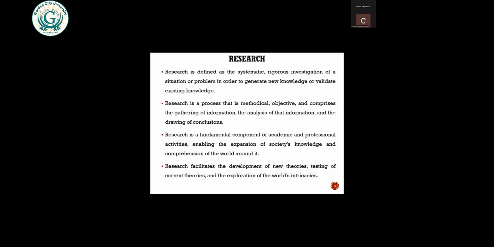When you are conducting research, you are either going to be coming out with new knowledge that nobody else has come out with, or the knowledge you would come out with would be something old that we already knew, but you'll be validating that old knowledge that we already knew.